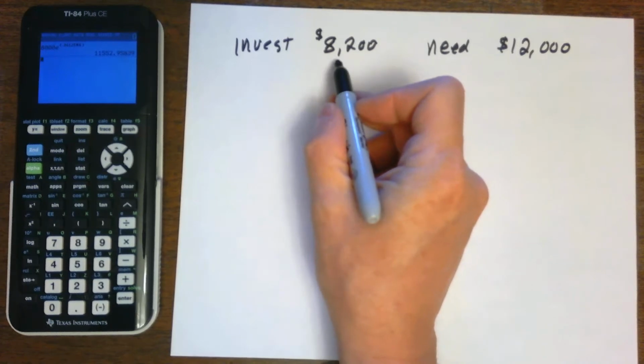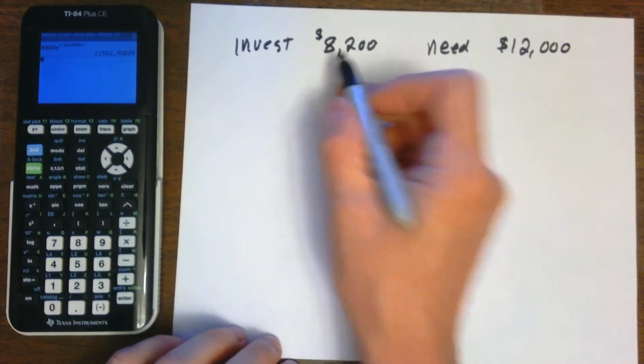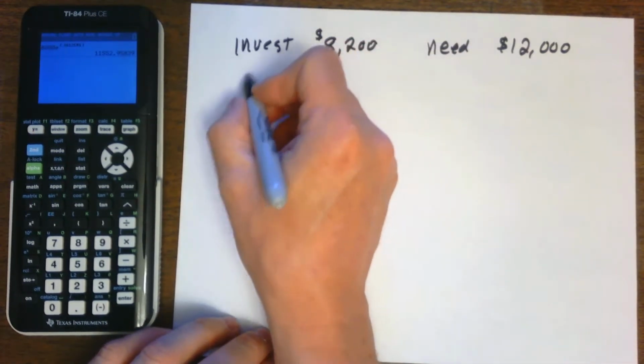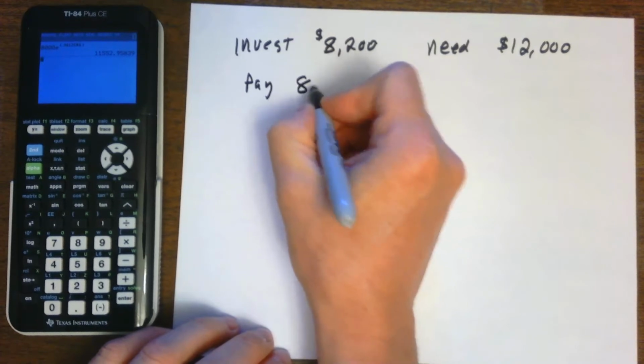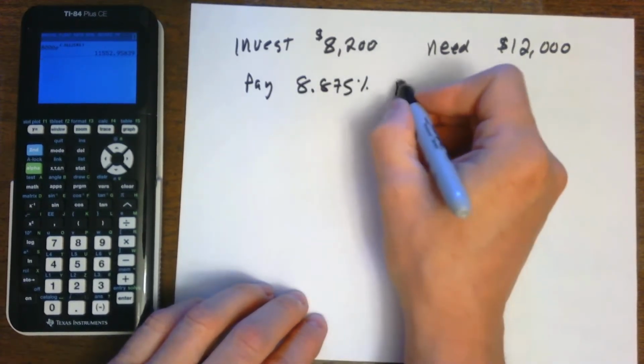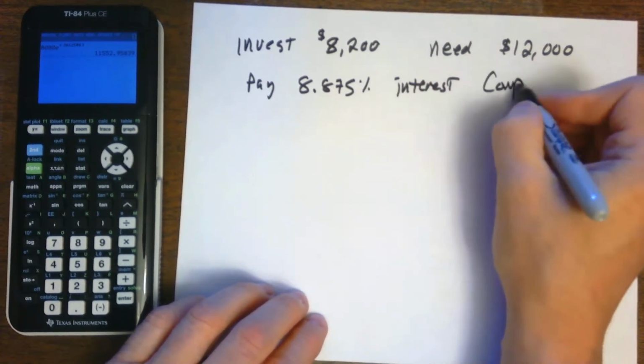I'm close, but I'm going to go to the bank, invest it in a CD or something, and this is my goal. Well, the bank tells me it's going to pay 8.875% interest, compounded.